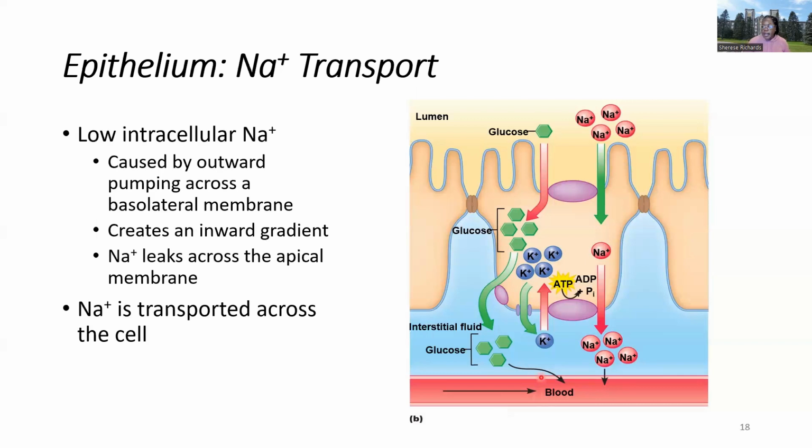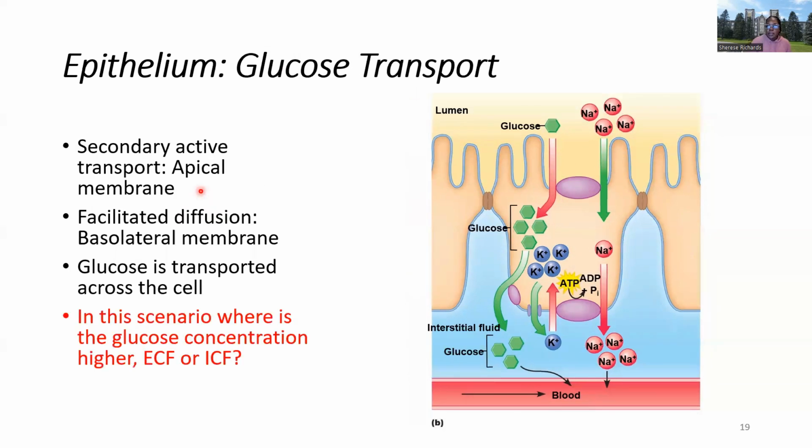Okay. If we look at the sodium transport, I basically described this earlier, so I'm going to skip right over this part. We talked about this as well. So the secondary active transport, which brings glucose in actively, is coupled with sodium moving in passively.